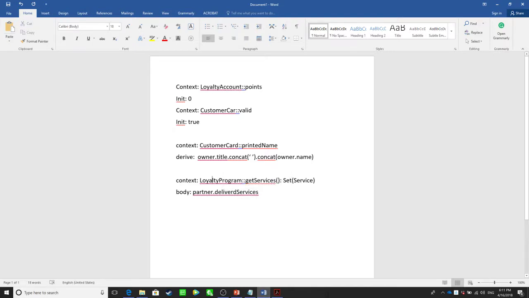So the loyalty program get service function will return you the partner.services. Partner is a set. Partner.services is another set. Okay, we have 10 partners, and each partner has a lot of services, and this will give you all the services as a set. Okay, so this is a query. We want to check that part.